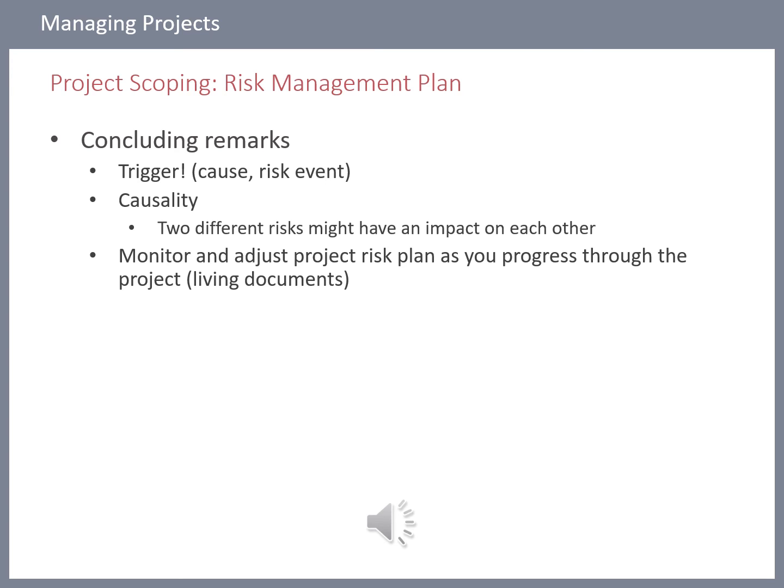Then I like to talk about the causality of risk. It might be that you have two independent risks sitting next to each other. Let's say your project is some sort of electronic project, and you're working in a warehouse somewhere. You've identified at a certain place that there are cabinets stacked quite high, and that these cabinets can fall over, and if someone is working there, they might get hurt or even die.